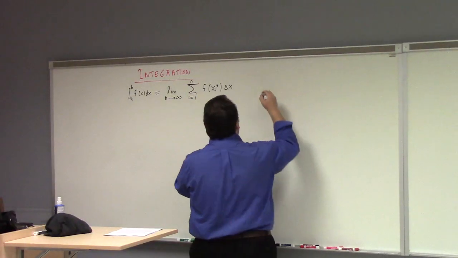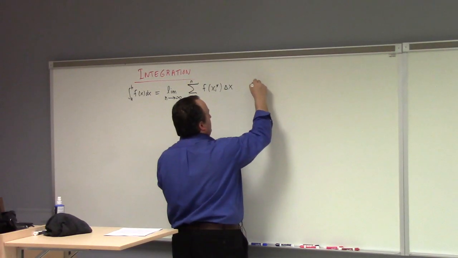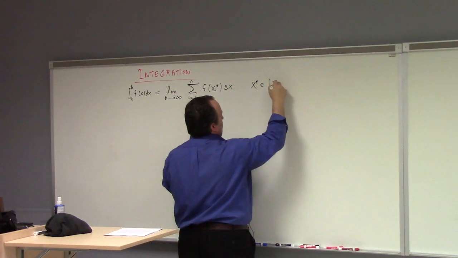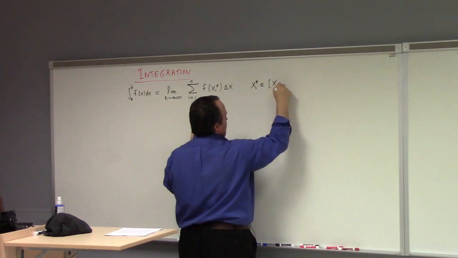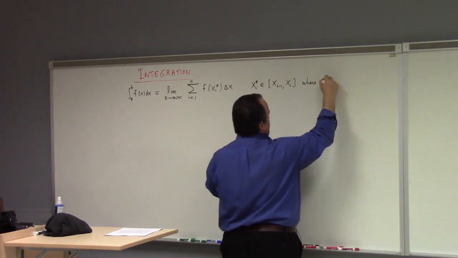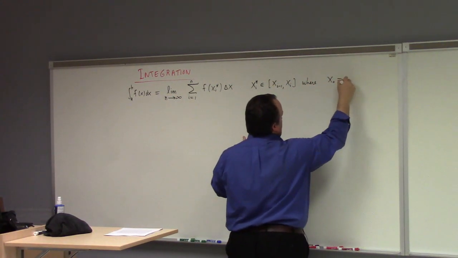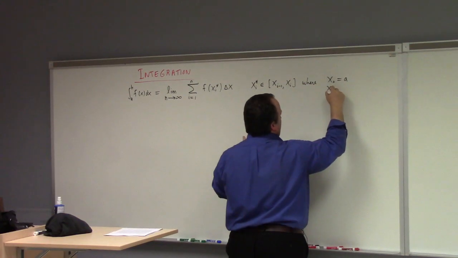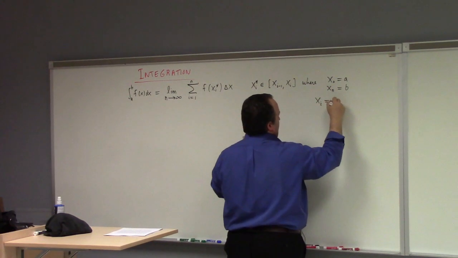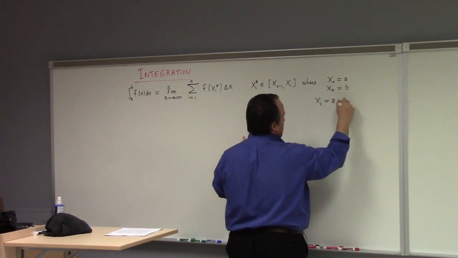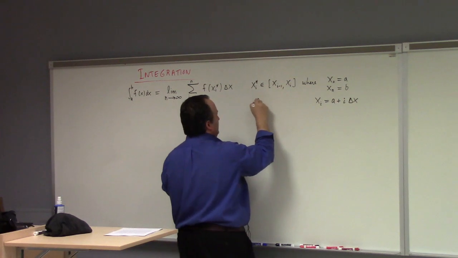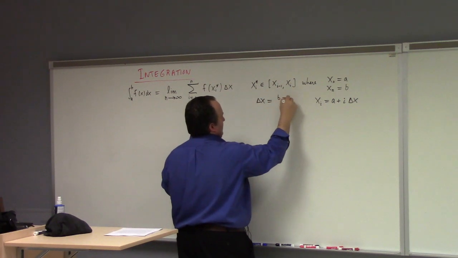So here, the x sub i star is an element of the interval from x sub i minus 1 to x sub i, where x sub 0 is a, x sub n is b, and x sub i is actually a plus i times delta x, where of course delta x is b minus a over n, right?